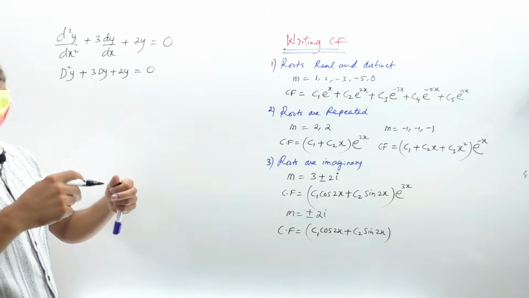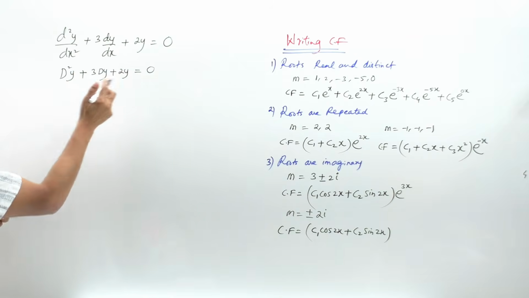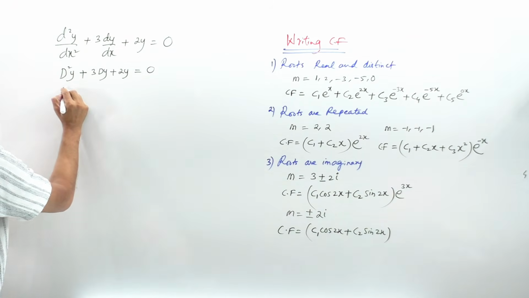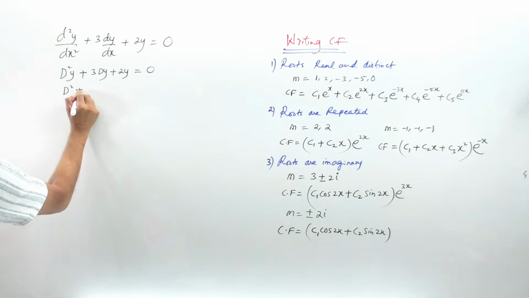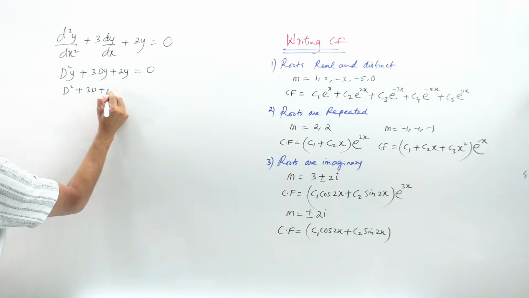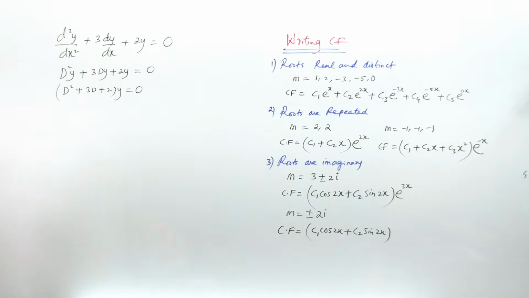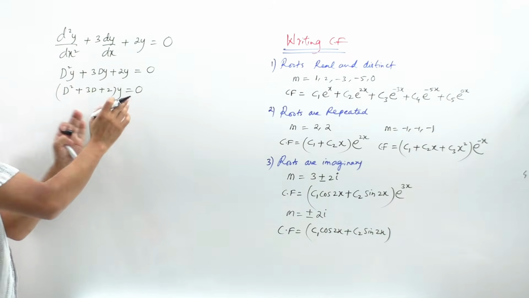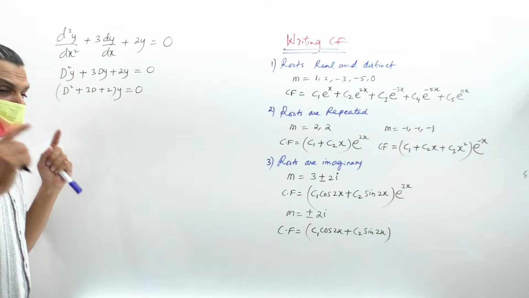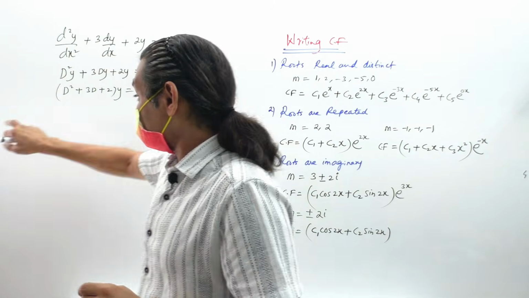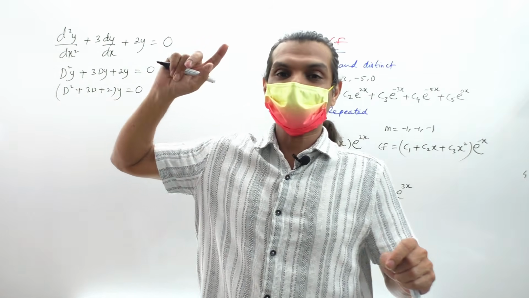Later you can write directly, there is no need to write like this. Later I take y outside: (D square plus 3D plus 2) whole into y is equal to 0. That is this function of D, f(D). The next step here, from this we need to find the roots.